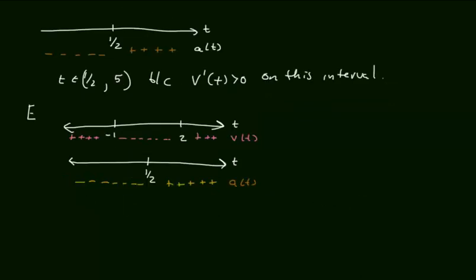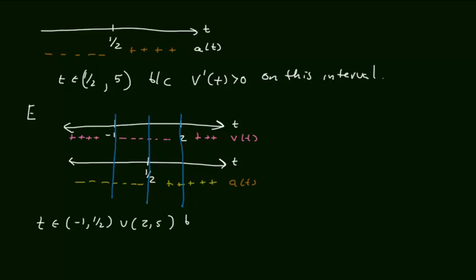To find the interval in which the particle is speeding up, I put the two no point number lines side by side. Remember, you don't have to do the no point number line. It's worth no points, but it does help. This helps you to see the interval. We want to know where the particle is speeding up, so we're going to say t is an element of -1 to 1/2 in union with 2 to 5.